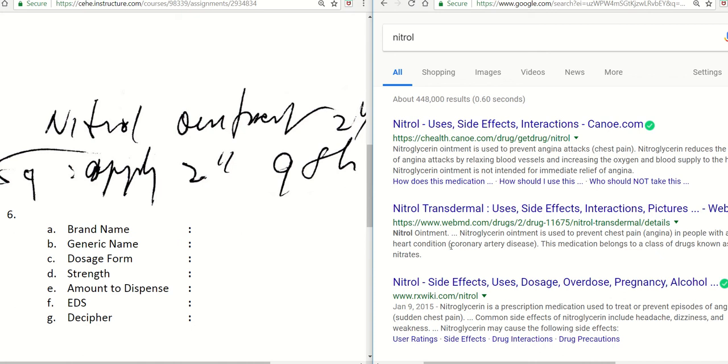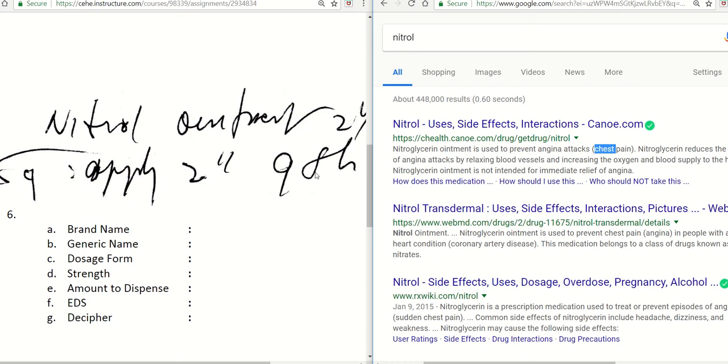So right after ointment, they have a 2% symbol here. So we got SIG colon, apply 2 inches. Where are we going to apply this stuff? For chest pain. To chest. So we're going to apply 2 inches to chest every 8 hours.